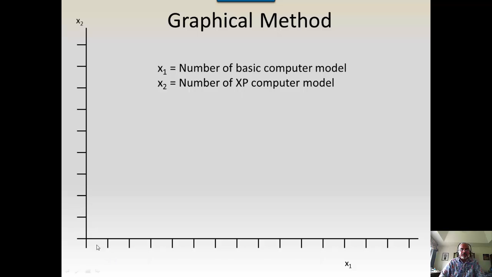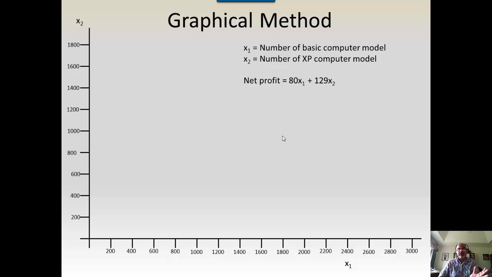And we now set up a scale for the x-axis and y-axis and set up the net profit. The net profit now is 80 x sub 1 plus 129 x sub 2, and the coefficients for x sub 1 and x sub 2 give us the slope of this net profit line.